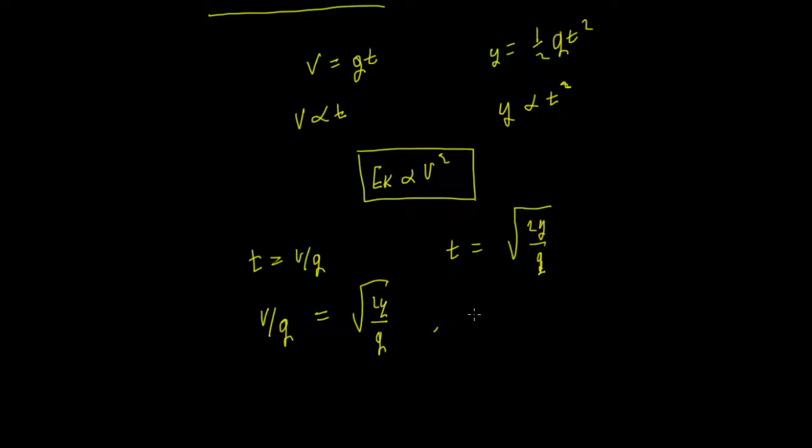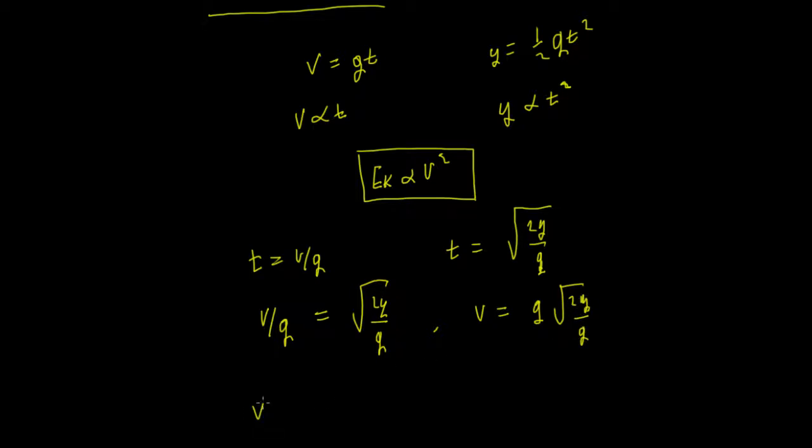So v is g root 2y upon g. So then we can say that v equals g root 2y upon g.